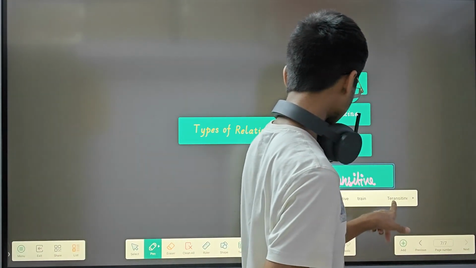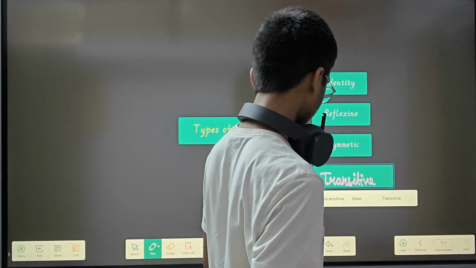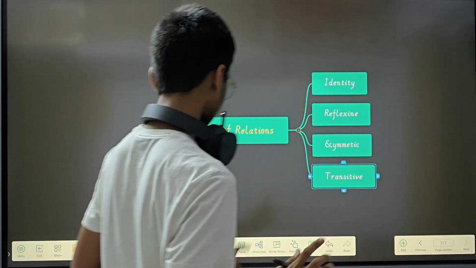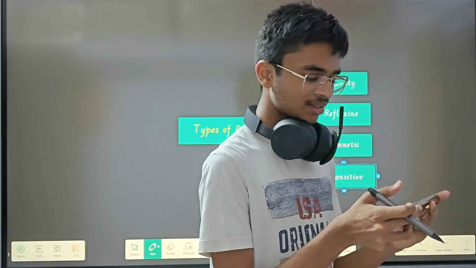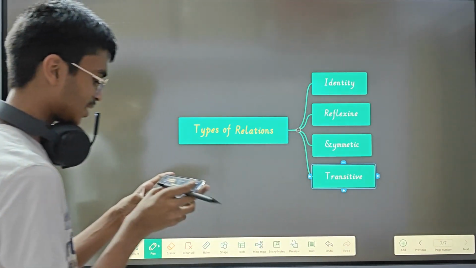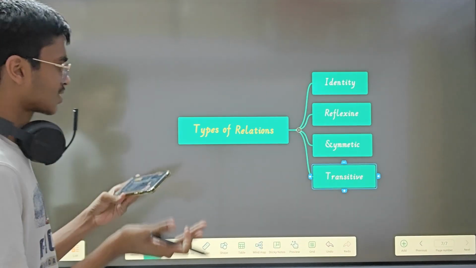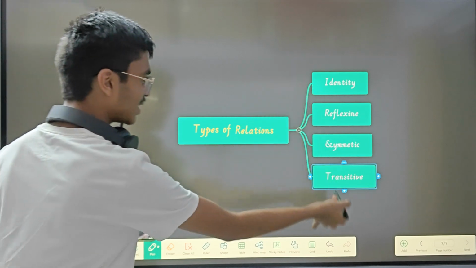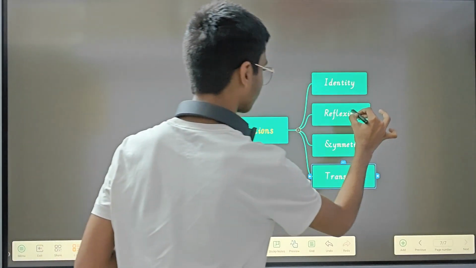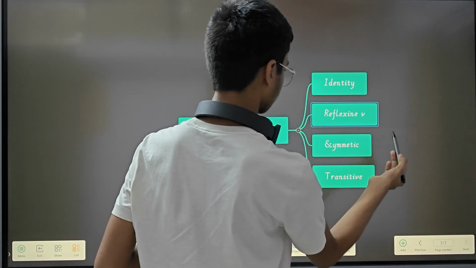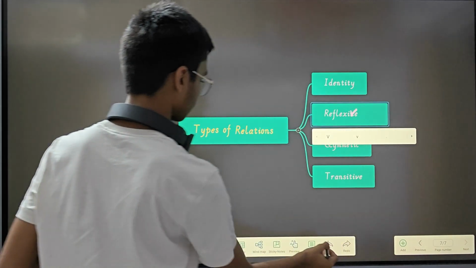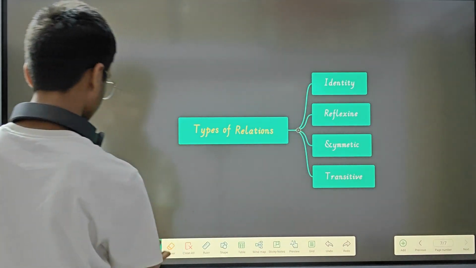Transitive, transitive. Well, I don't care how the spelling is actually, but I hope you all can just know. Okay, the spelling is correct. Reflexive, it should be V over here. Okay, it should be reflexive.